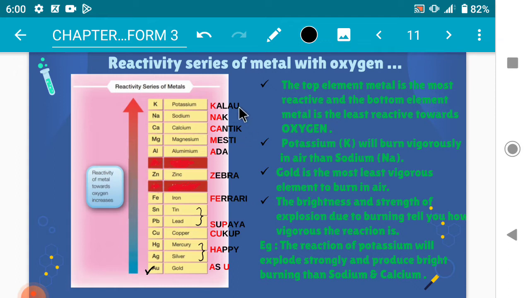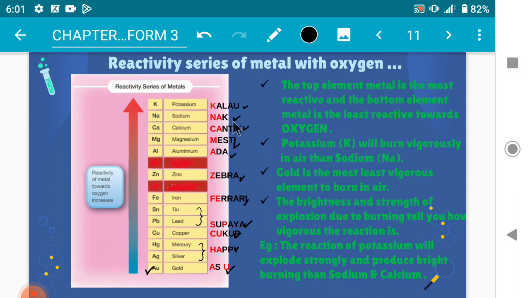The way to memorize this is an acronym from my chemistry teacher during Form 4 and Form 5, to remember this reactivity series. The acronym is: "Kalau nak cantik mesti ada zebra Ferrari supaya cukup happy as you."